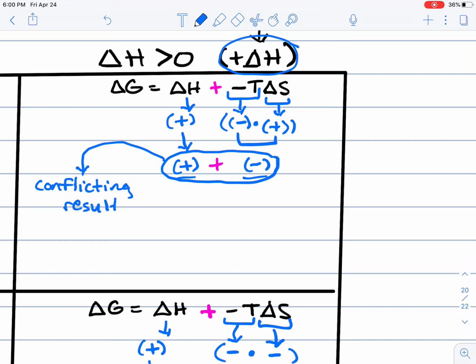One is positive, one is negative. And so therefore, we can conclude that delta G is not spontaneous at all temperatures.